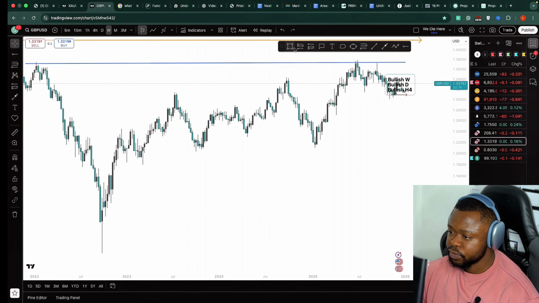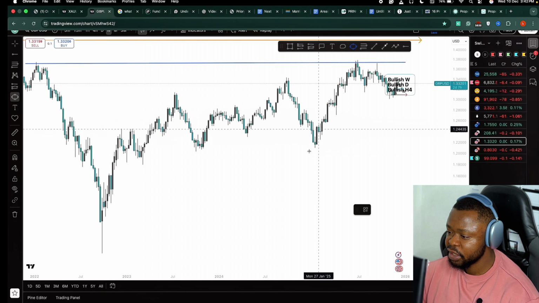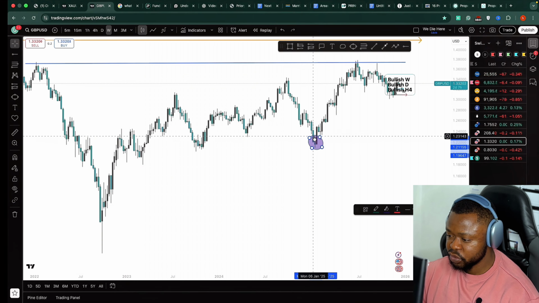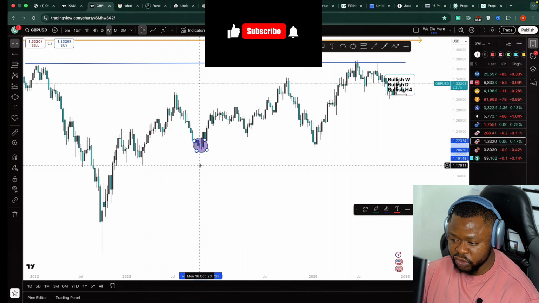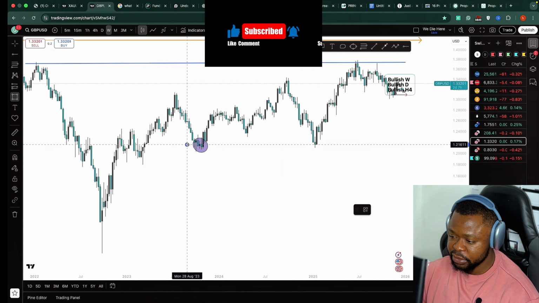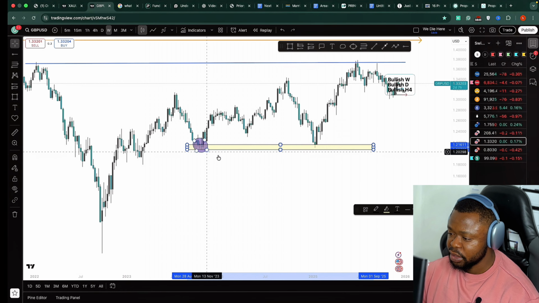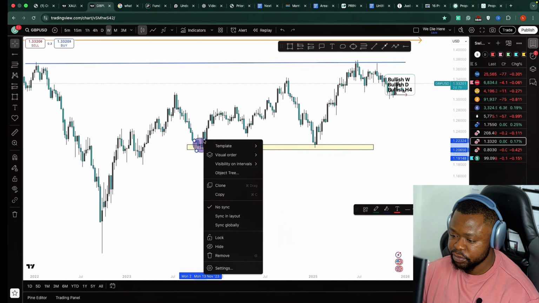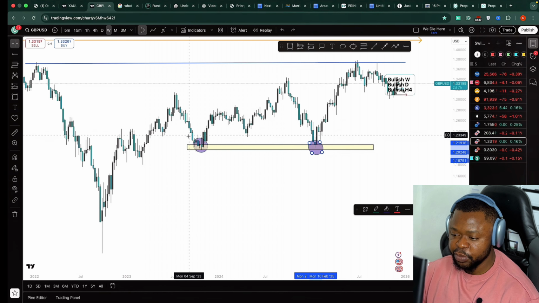So quickly, just from sitting here, I've been able to identify that this zone here served as a demand zone in the past, in October 2023. So we have buyers sitting here. We have people who have interacted here, and as soon as price came back here now, if we clone this, we have people that have participated here.